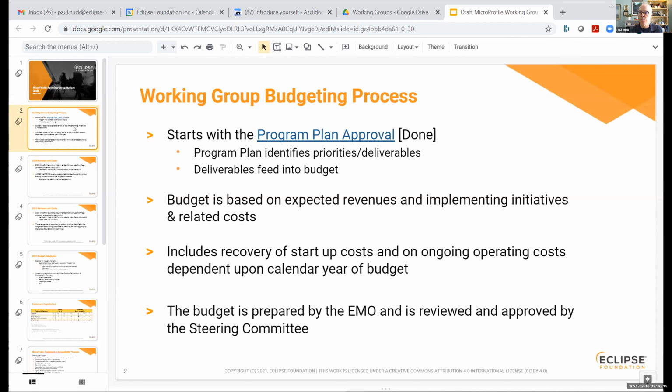It also covers recovery costs for the startup phase of working groups as they're getting underway, as there's additional work required in order to stand them up. And the budget, as per the foundation process, is prepared by the EMO in collaboration with the working group, and then reviewed and approved by the steering committee.